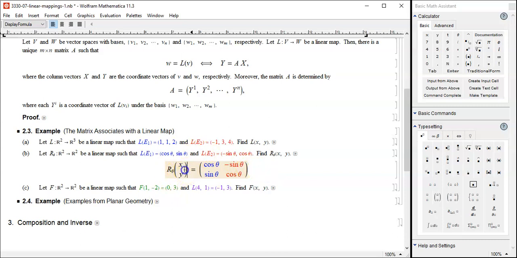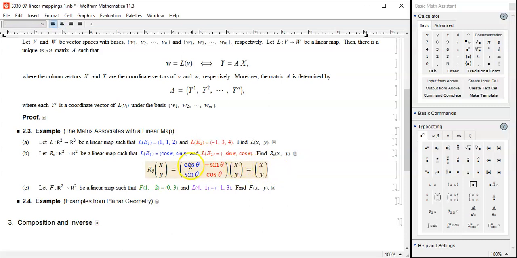And then we have to multiply x comma y. And that's it. As a matter of fact, you can stop here. That's enough. But if you want to see the computation, then you can go ahead and do your matrix computation.